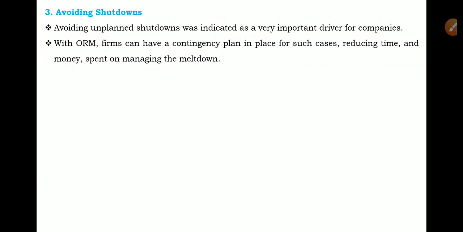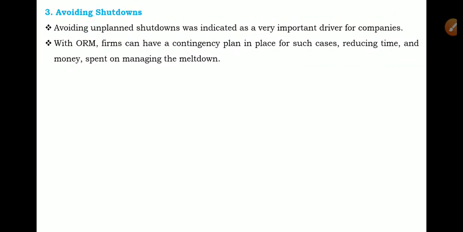With operational risk management, it is possible. A firm can have a contingency plan in place for such cases. They can reduce the time and the money, and spend less on managing the meltdown or shutdown.